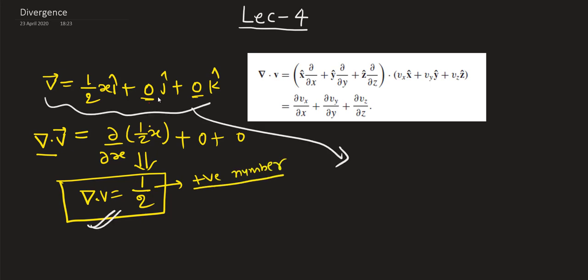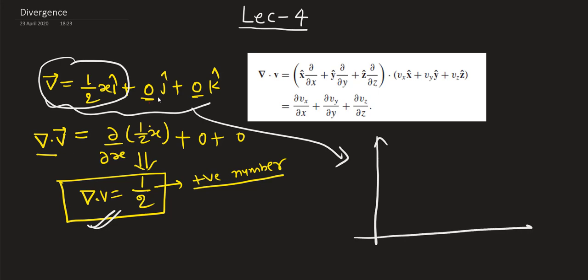So when we are calculating the divergence of this vector field, let's draw this vector field. This is our x direction, this is our y direction.